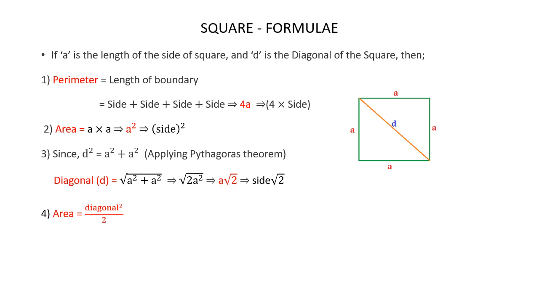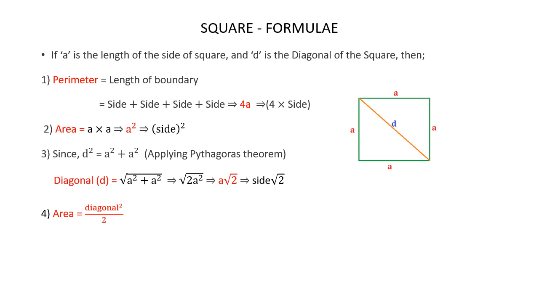Now sometimes in a problem, only the value of diagonal is given and you're asked to find the area. Then use the formula area is equal to diagonal squared divided by 2. Now we know that diagonal is equal to A root 2, which means diagonal squared would be equal to 2A squared.